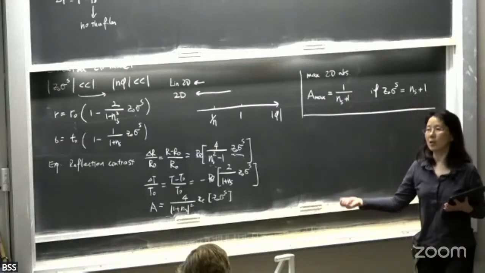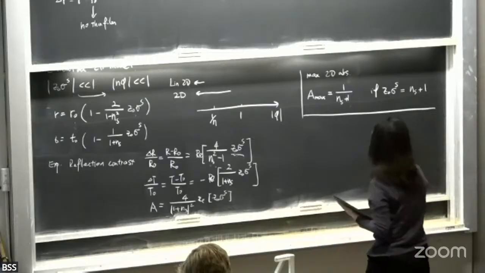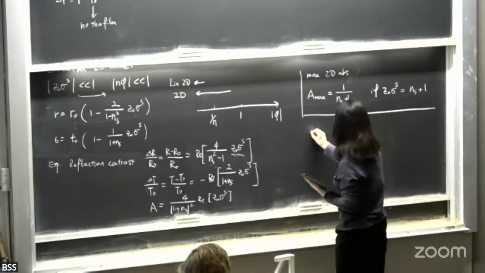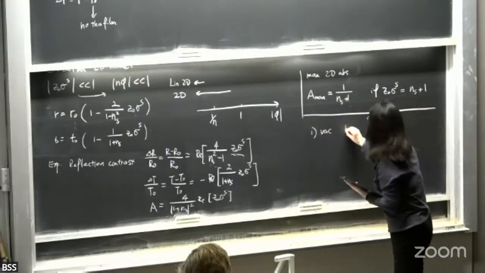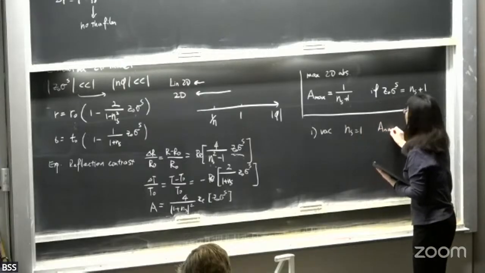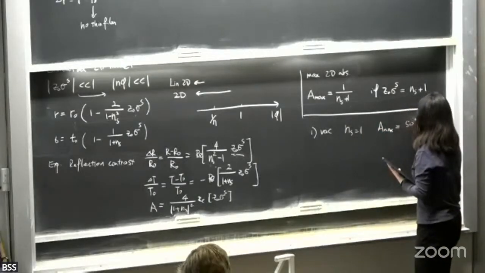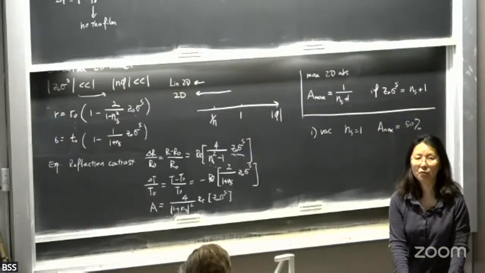So you say, okay, looks like I can get 50%, right? So smallest n: for a sample in vacuum, n_S is 1. So then A max is going to be 50%. So the question is, can we get something bigger than 50%?